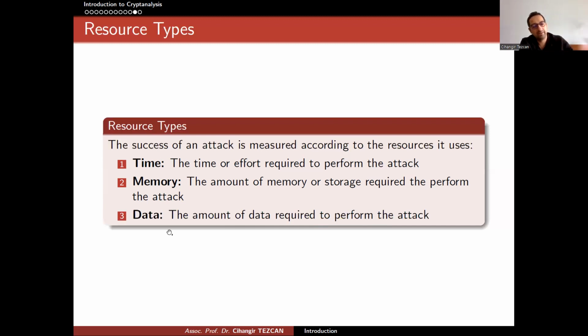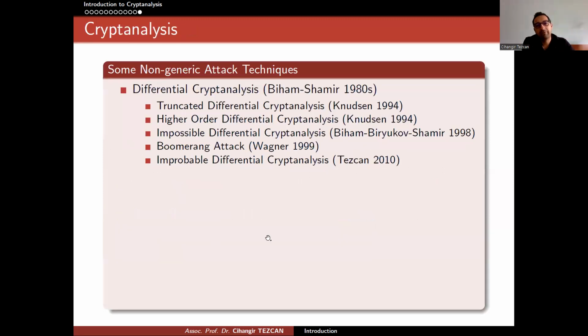Finally, as we mentioned in the previous slides, we need to capture some ciphertext or plaintext. The amount of data required to perform the attack is called data, and its amount determines your data complexity. By data, we mean the plaintext and ciphertext pairs that we need to capture to perform the attack. Let's finish with this. There are many cryptanalysis techniques, and we are discovering new techniques every year.